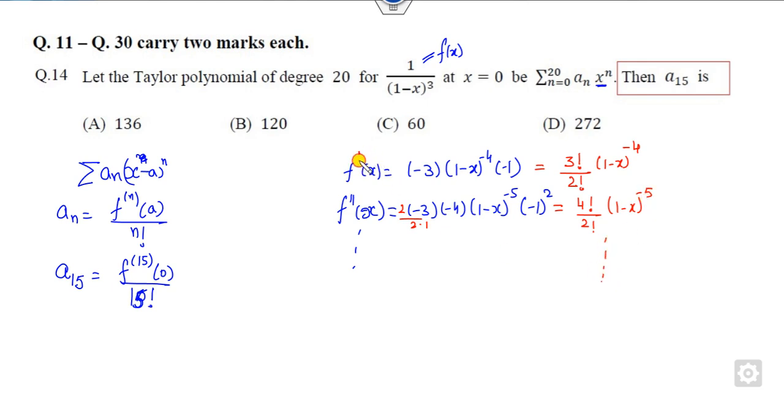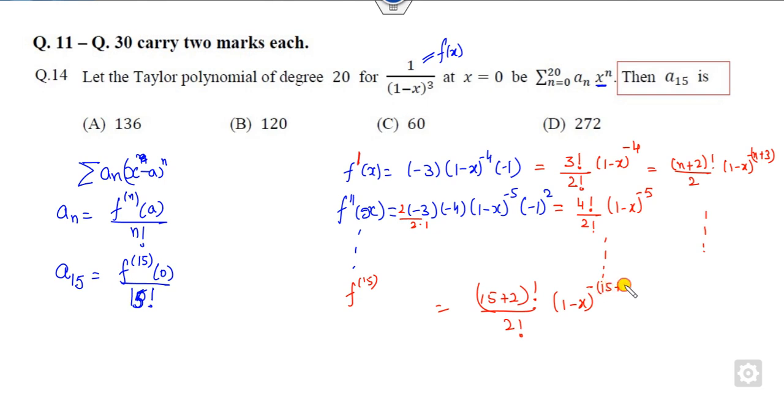So the nth derivative I can write as n plus 2 factorial divided by 2, 1 minus x to the power minus n minus 3 and so on. So what is the 15th derivative? It can be 15 plus 2 factorial divided by 2 factorial, 1 minus x to the power minus 15 minus 3.